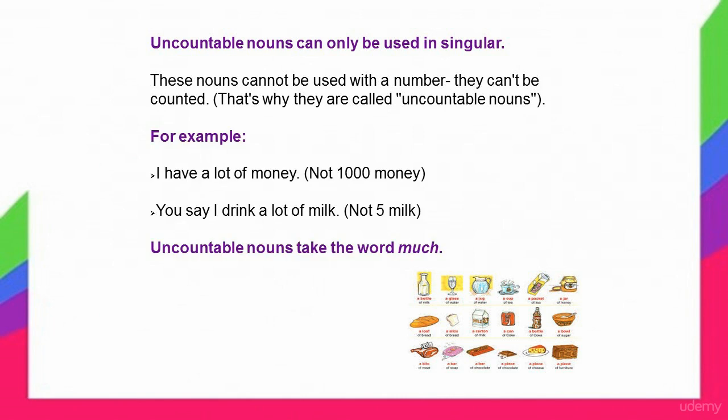For example, I have a lot of money, not 1,000 money. You say, I drink a lot of milk, not 5 milk. Uncountable nouns take the word much. For example, not 100 money, but much money.